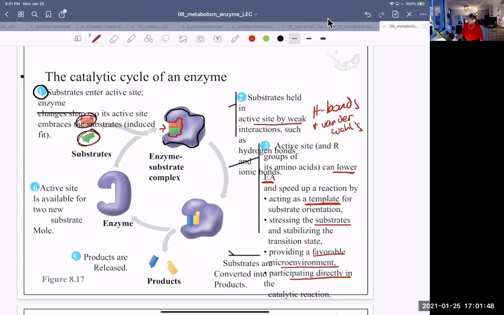So in this case, we've got an enzyme substrate complex and the series of events. In this case, it stresses the bond and our products are different, and they're released as separate products.